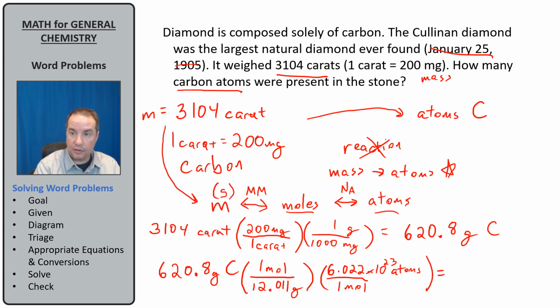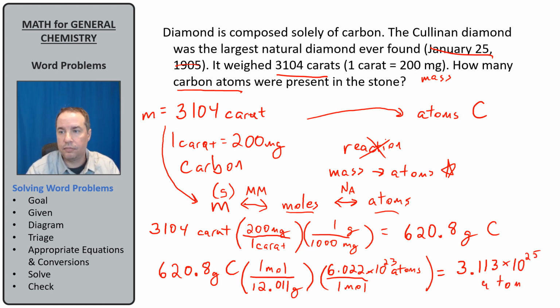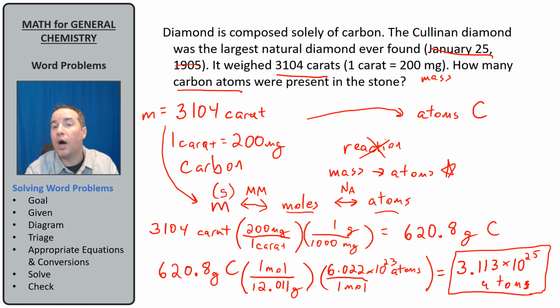So when I do this, I get that it was 3.113 times 10 to the 25 atoms of carbon. Very big diamond. And that is one example of how to do a word problem for chemistry.